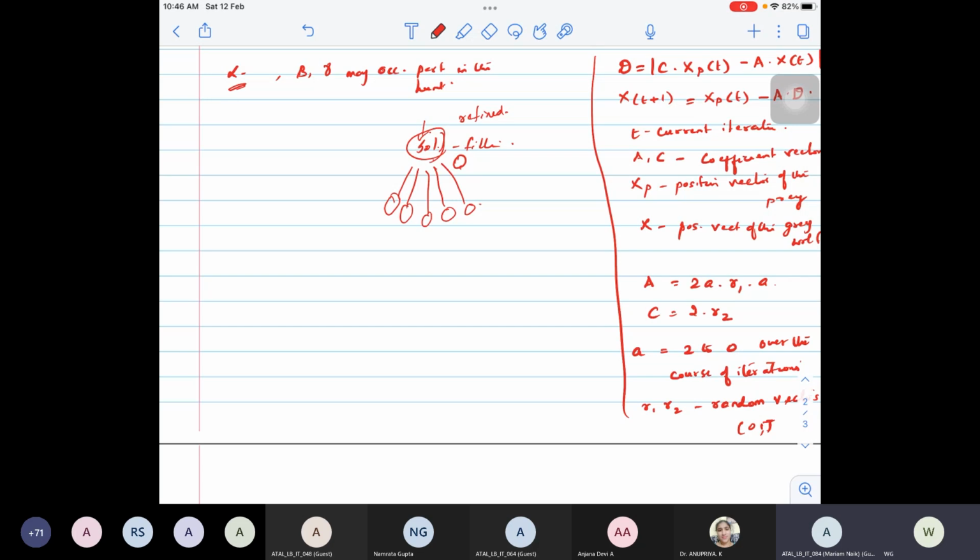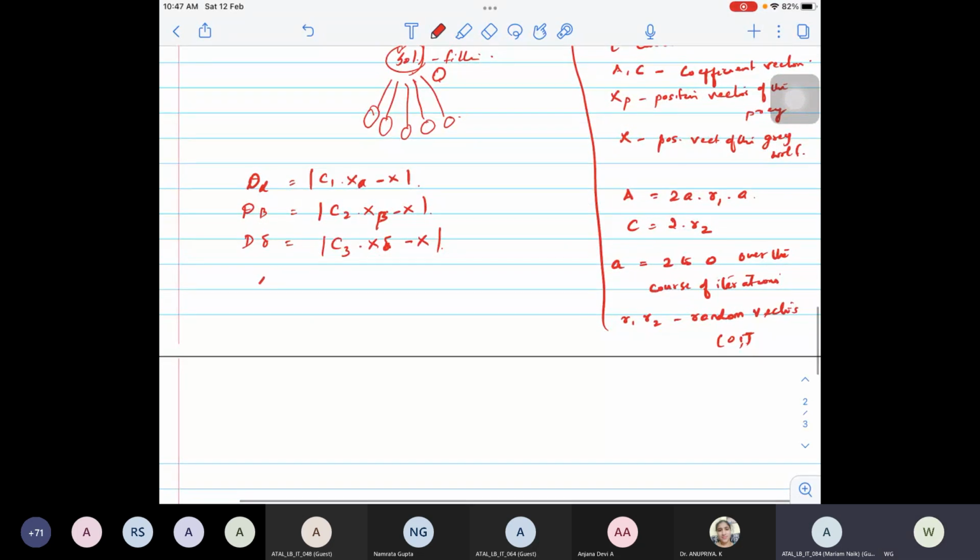The updation of the rest of the agent positions is done according to this formula: D alpha equal to C1 into X alpha minus X, D beta equal to C2 into X beta minus X, and D delta equal to C3 into X delta minus X. Then similarly you have the positions X1 equal to X alpha minus A1 into D alpha, X2 equal to X beta minus A2 into D beta, X3 equal to X delta minus A3 into D delta.